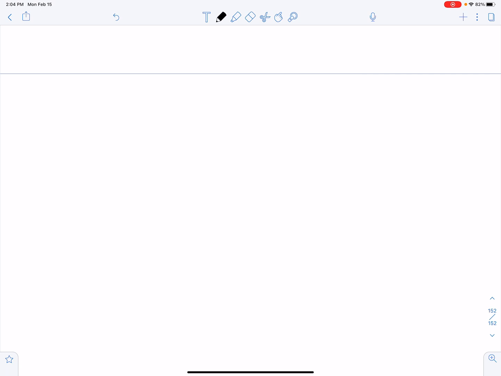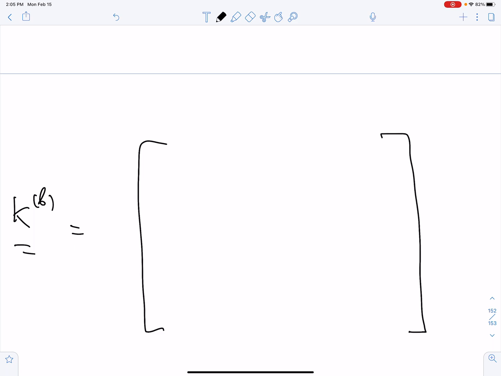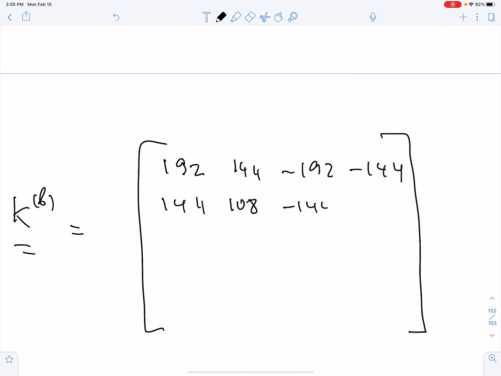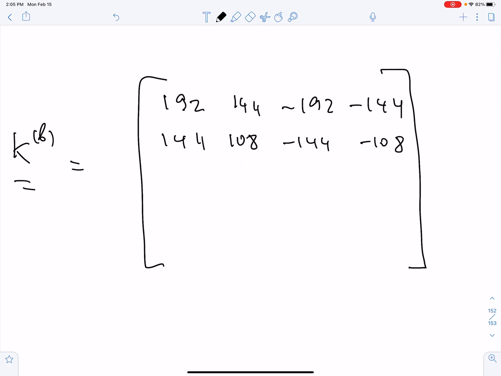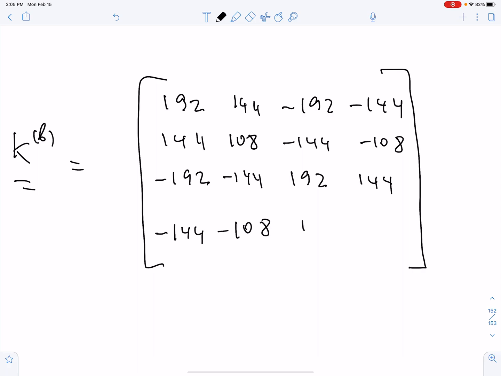Okay, and if you carry out the computation, you do get that KB equals 2, and then you do get nice round numbers: 192, 144, minus 192, minus 144, 144, 108, minus 144, minus 108, minus 192, minus 144, 192, 144, minus 144, minus 108, 144, and 108. Okay, again, you get a symmetric matrix, right?